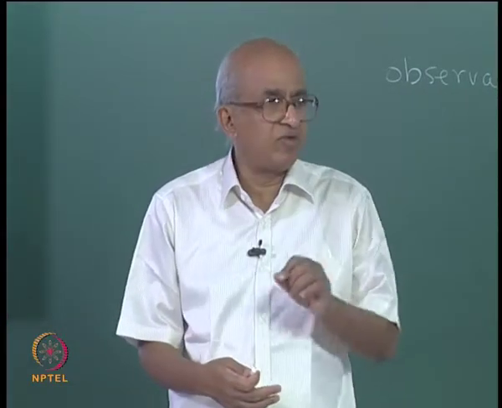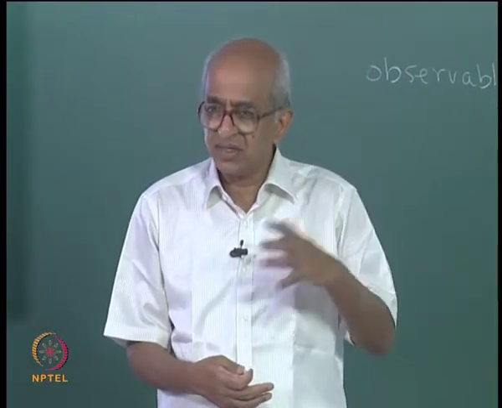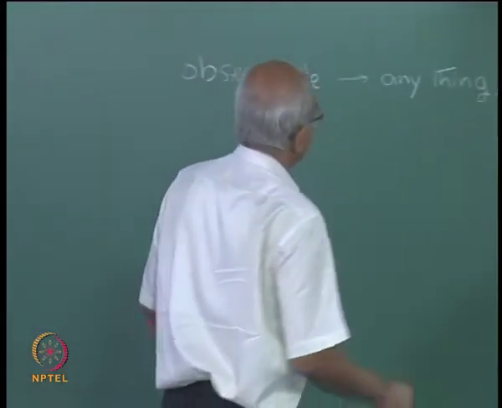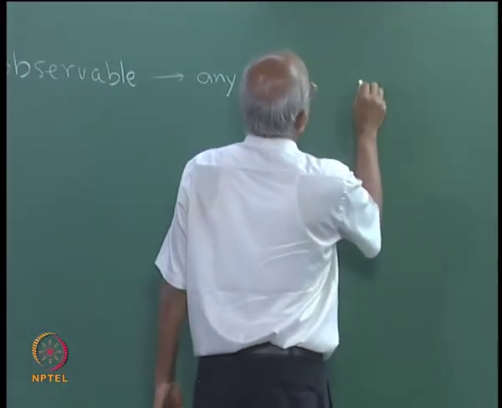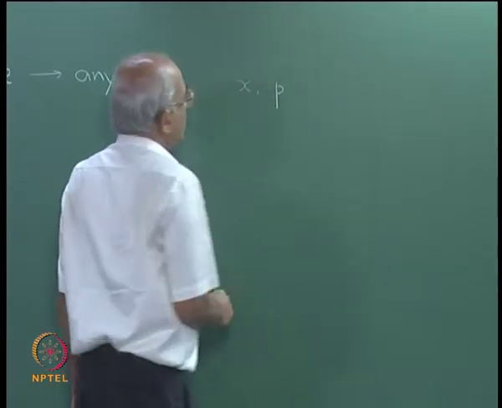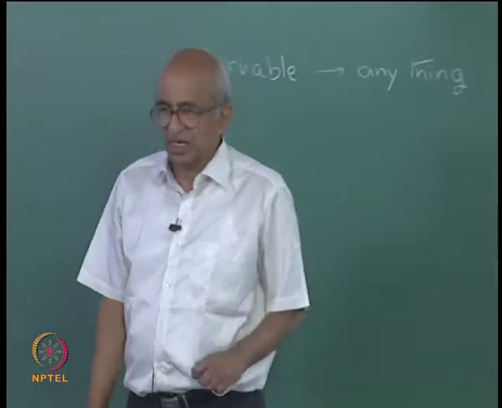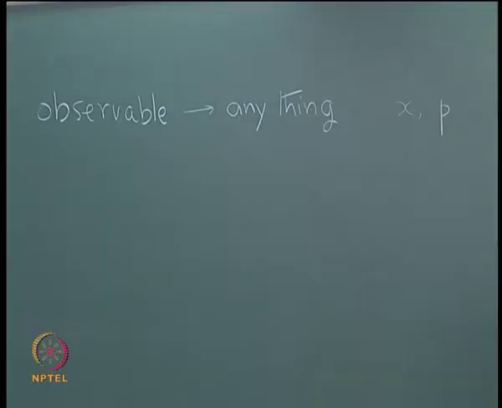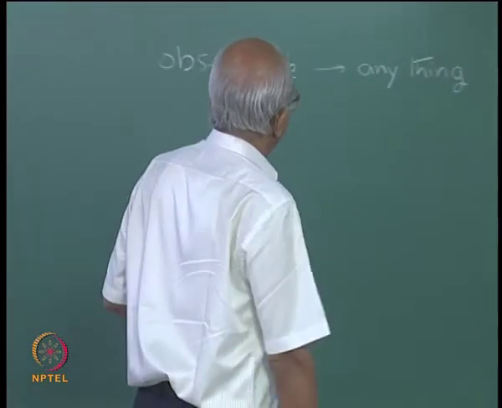If I am thinking of a one particle, one dimensional system, it is anything that depends upon x and p, where x is the position of the particle and p is the momentum of the particle. If you have a 3 dimensional system, it may be anything that depends upon x, y, z, px, py, pz. That will be my definition of an observable.